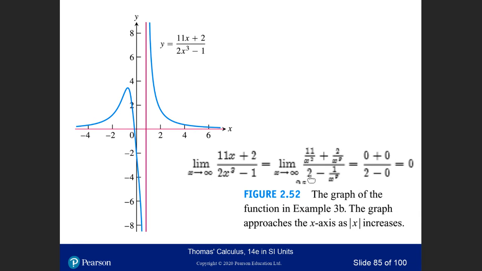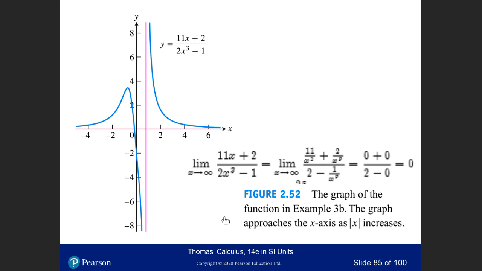And here I will have 2 minus 1 over x cubed. So these are 0, that's 2 minus 0, so the limit is 0. Again, this function on both sides approaches 0 when x goes to infinity, and when x goes to minus infinity, the same applies.